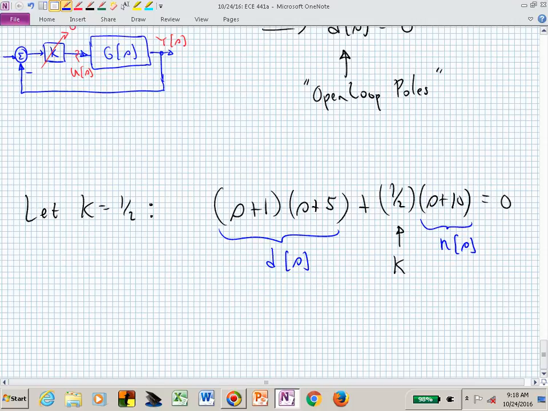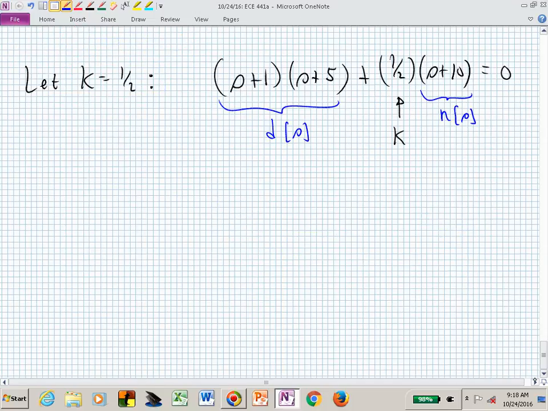We can simply multiply all of this out and insert the appropriate K, and now what do we end up with? We end up with a second order polynomial, which is what we started with. Good. We haven't really changed. We haven't introduced any more poles than we started with. We started with 2 open loop poles, and we still have 2 closed loop poles.